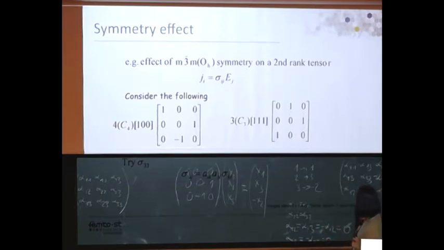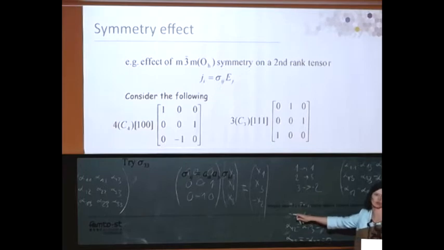So applying this symmetry, the conclusion we get, with only the fourfold axis along the x-axis, is that we have alpha 1, 1, then alpha 2, 2, alpha 2, 2, because they are equal. So I will write one coefficient instead of 2. And here we have zeros.